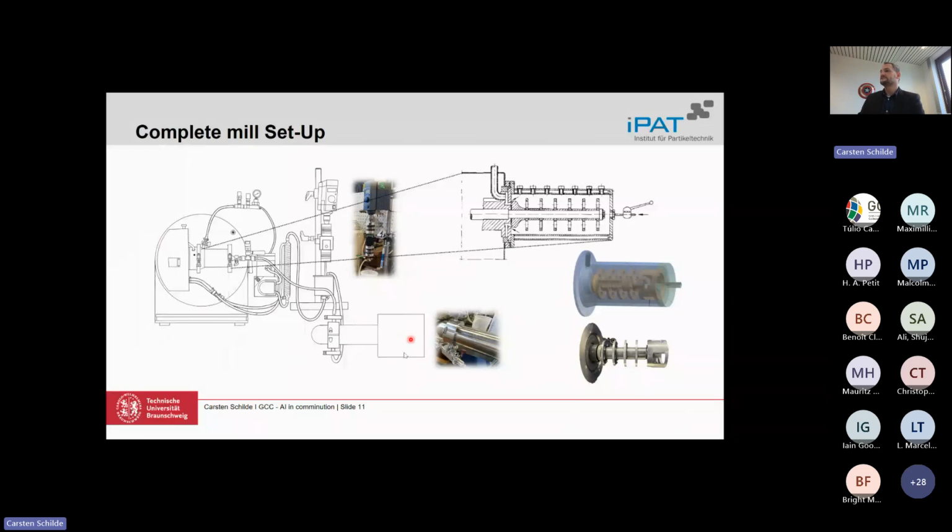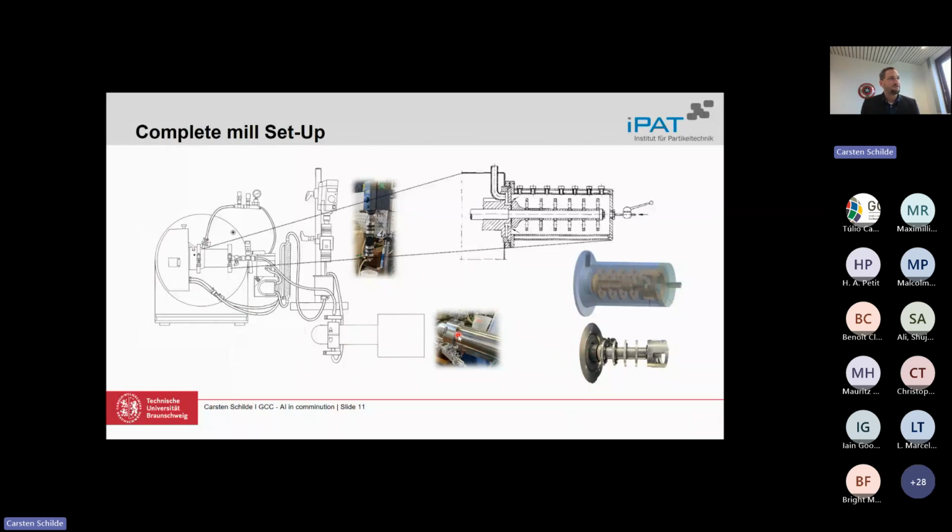I will try to use the laser pointer: it is depicted in this area where we have this measurement device, which is an ultrasonic particle size measurement system with very high time resolution.